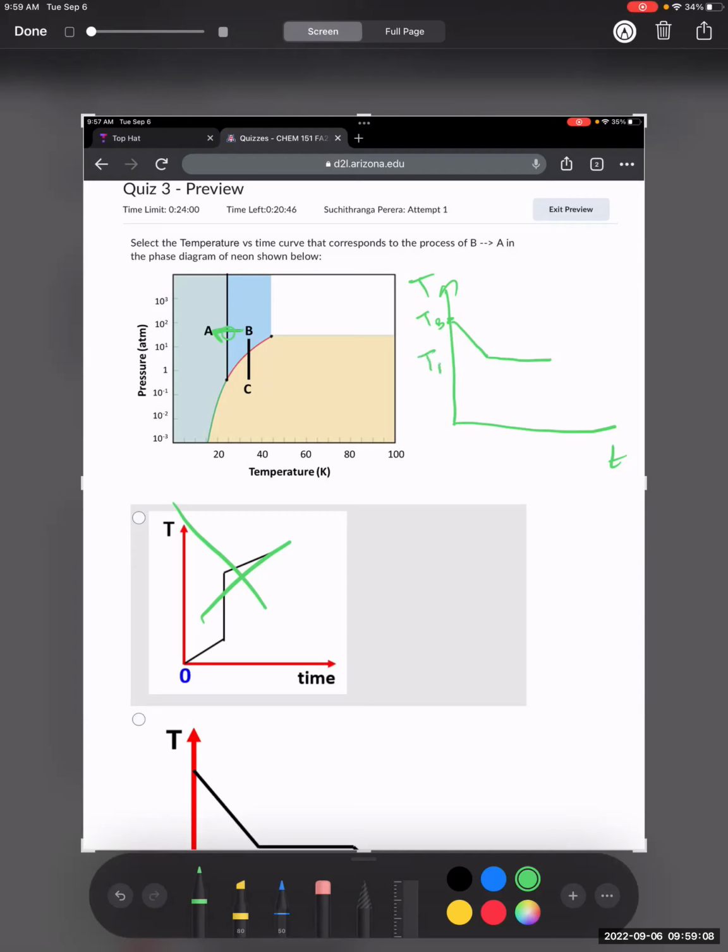It's my T_F, the freezing or melting temperature. But the time goes on because the system keeps losing energy to convert liquid to a solid. Once everything is converted to a solid, again with time the temperature decreases. So it should look something like this, and this should be my temperature at point A. I think the second graph looks nice.